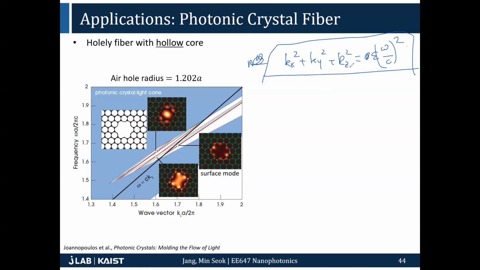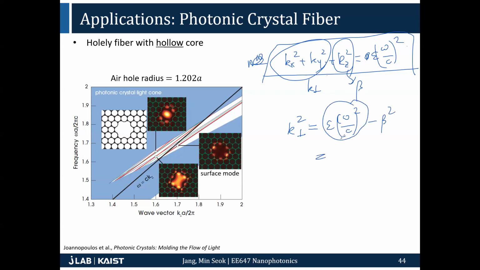And now we set kz as our propagation direction, and this as just a k perpendicular, for instance. And let's say this is beta. Now k perpendicular squared is epsilon omega over c, squared, minus beta squared. And if this is free space, then this becomes k0 squared, the free space K vector, minus beta squared.